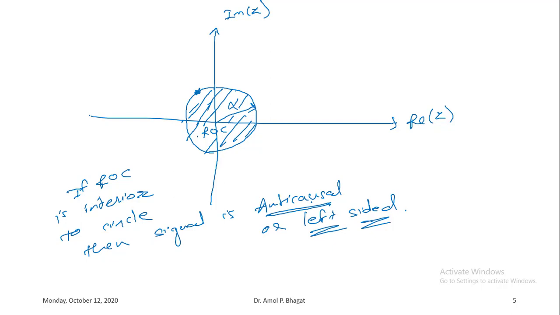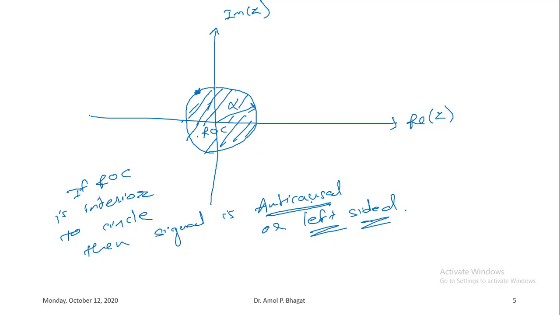A non-causal system is one whose output depends on future input samples as well. It may also depend on the current input sample and past input samples, but it should also depend on the future input sample in the case of non-causal.